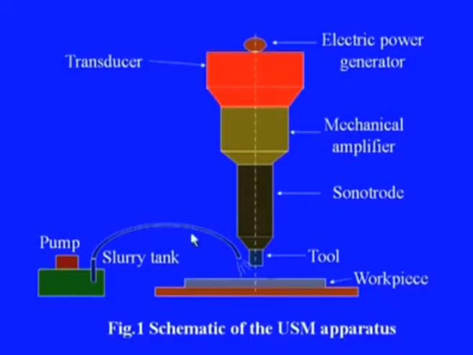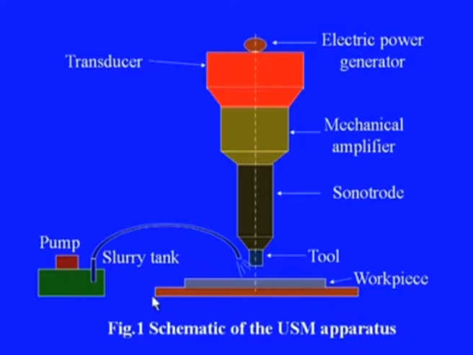Let us see a schematic representation of this USM apparatus like this. So, this is the apparatus in the screen. Here basically this is the workpiece to be machined, either drilled or cut or whatever, and this is fitted on the work table.